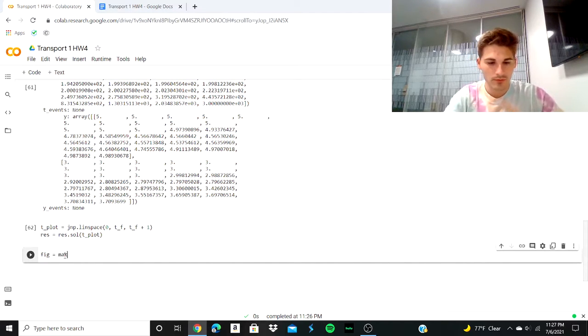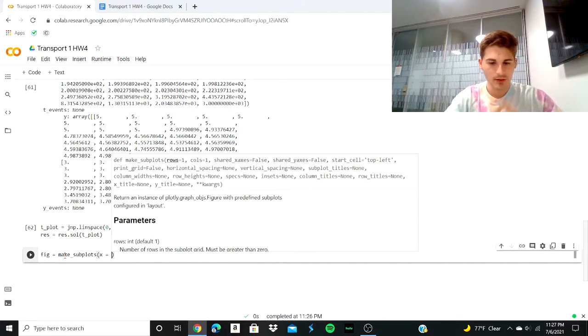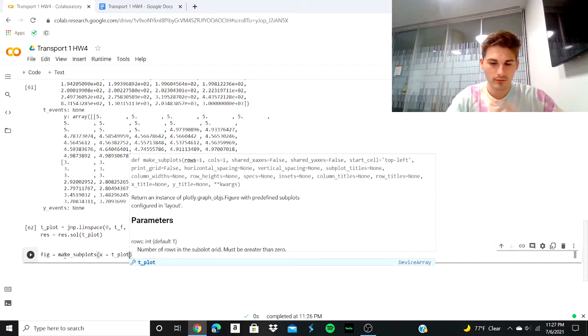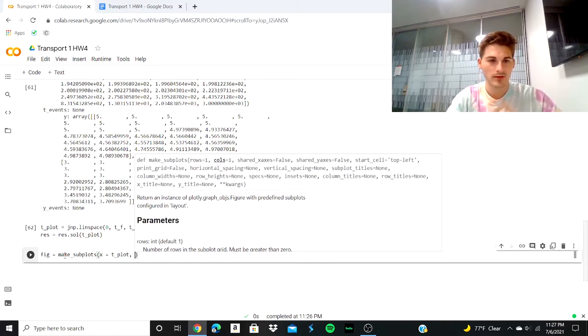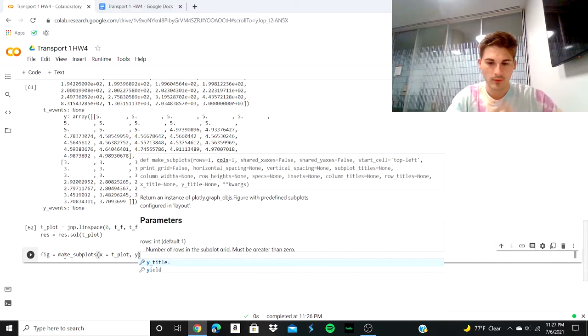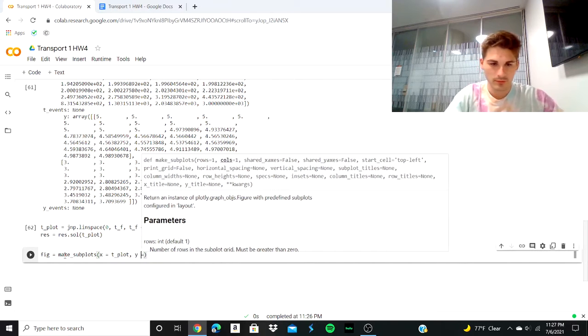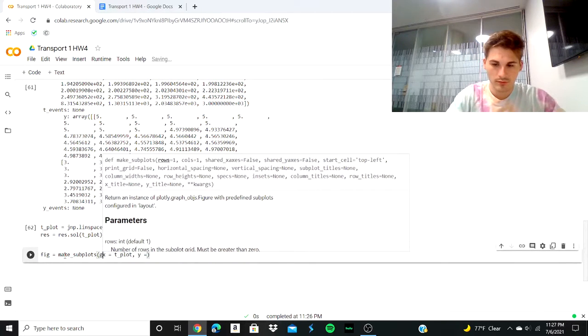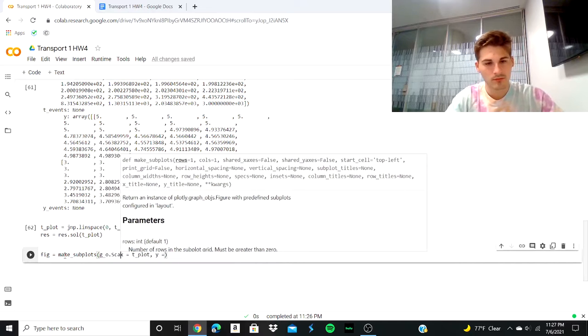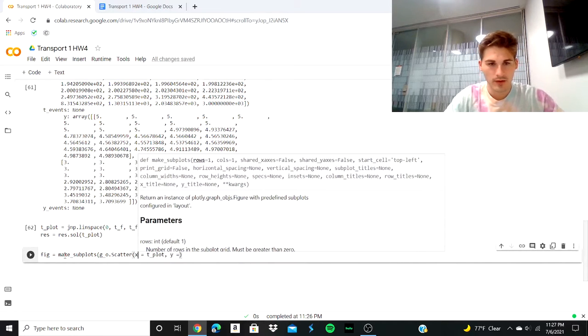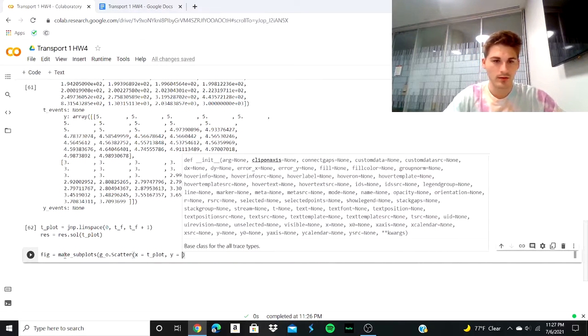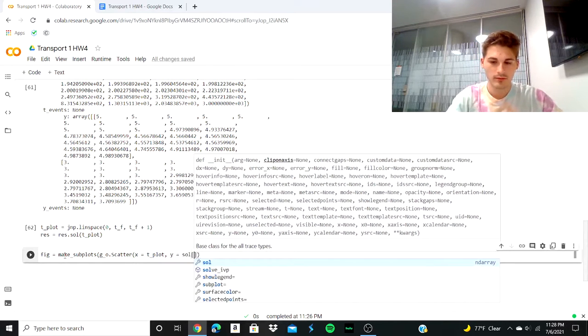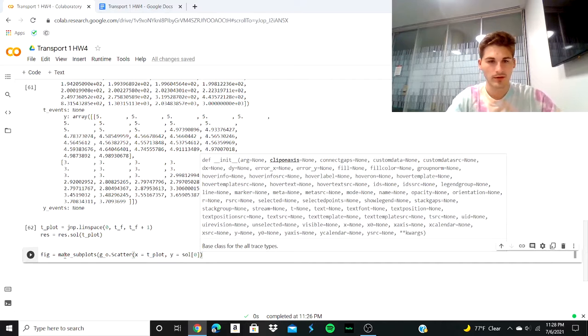And so we can make a plot here, and we want the x-axis to be our time interval, and the y-axis is going to be the heights of our first tank across that time interval.